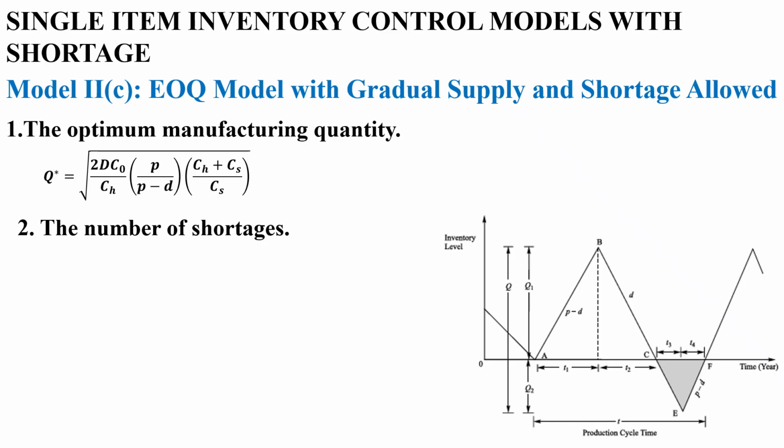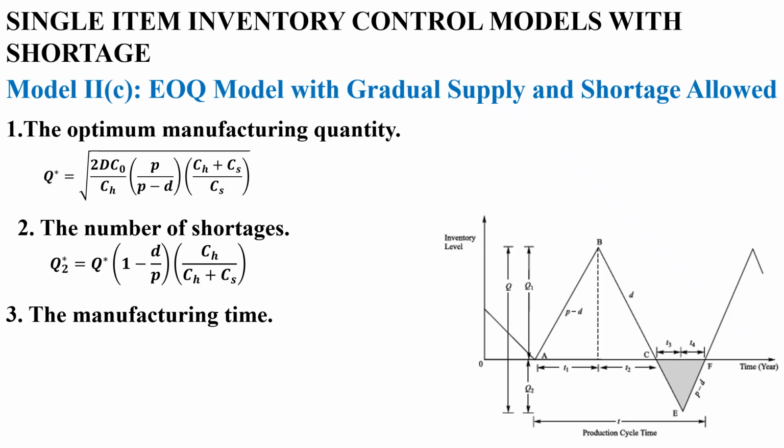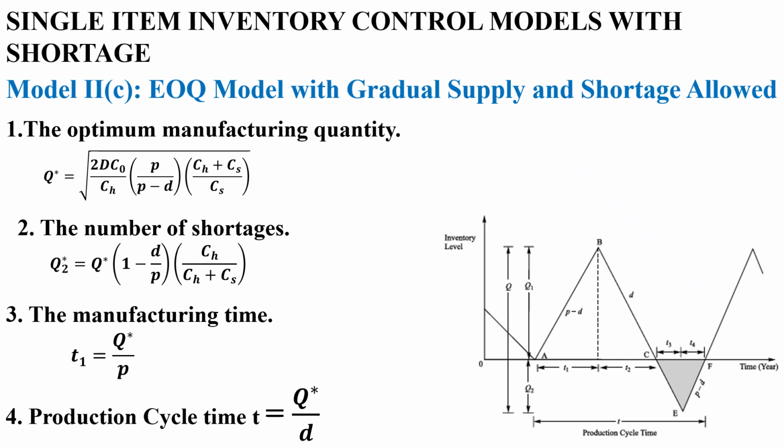And next formula, number of shortage Q2 star, which is equal to Q star into 1 minus D by P into CH divided by CH plus CS, and manufacturing time T1, which is equal to Q star by P, and production cycle time small t equal to Q star divided by small d, which is equal to capital D also.